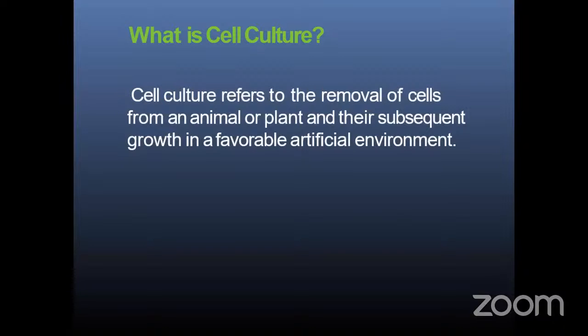So what is cell culture? Cell culture refers to the removal of cells from an animal or plant and their subsequent growth in a favorable artificial environment. First, you have to select a particular tissue from where you want to grow the cells. Suppose you want to grow liver cells.